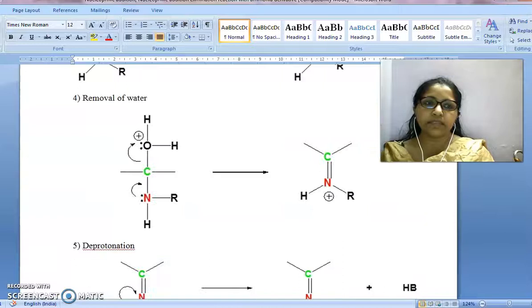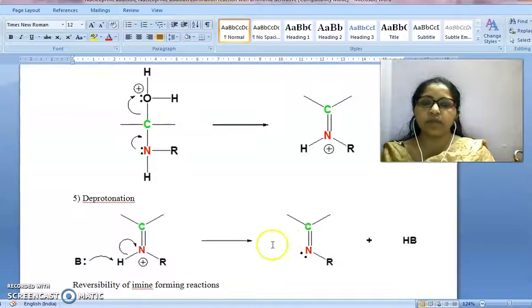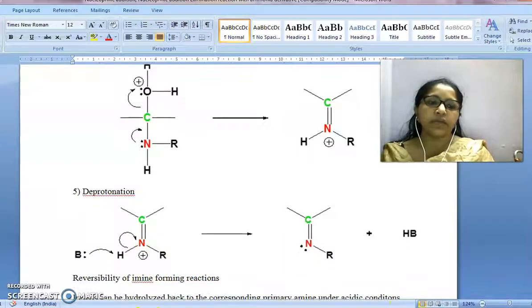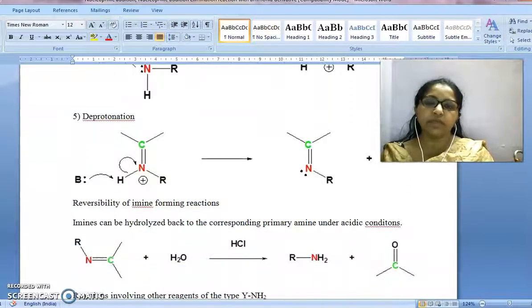Afterwards the conjugate base of the acid will take this proton, and accordingly we will neutralize this nitrogen from the positive charge, and you get the imine. So what you have is an addition, and after the addition is done, it goes for elimination. So it is an addition-elimination reaction.